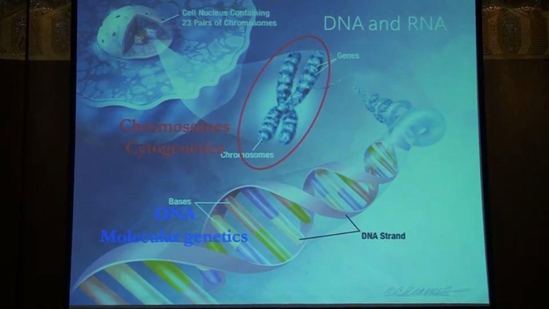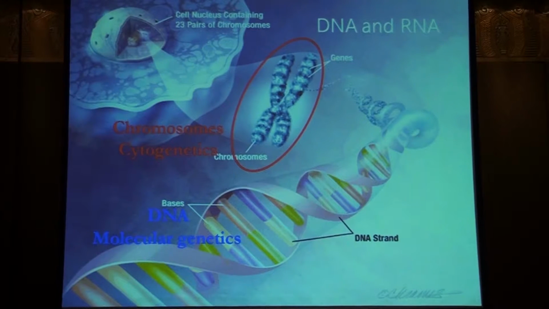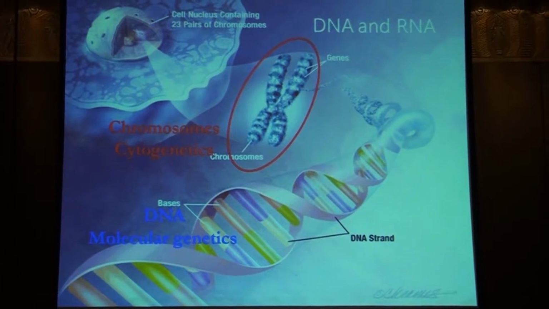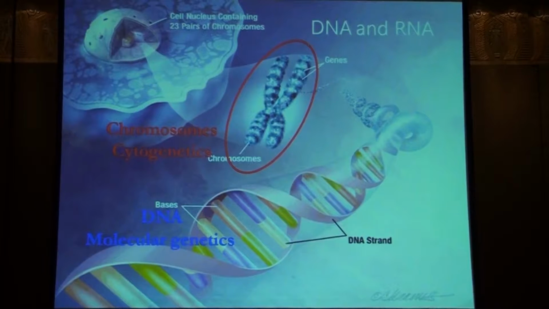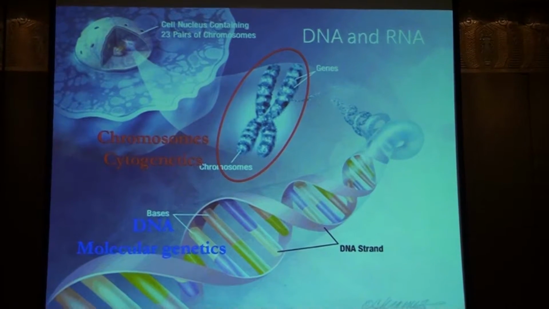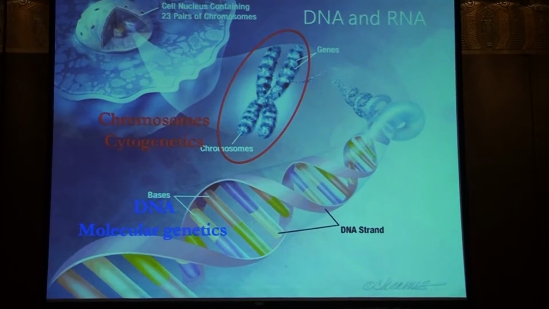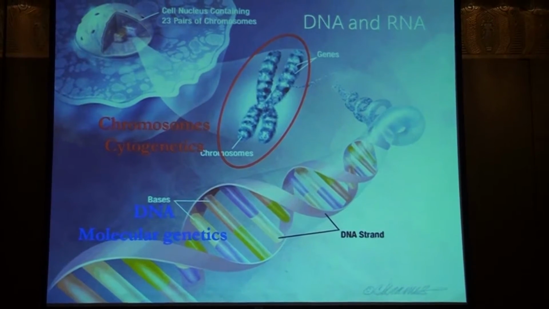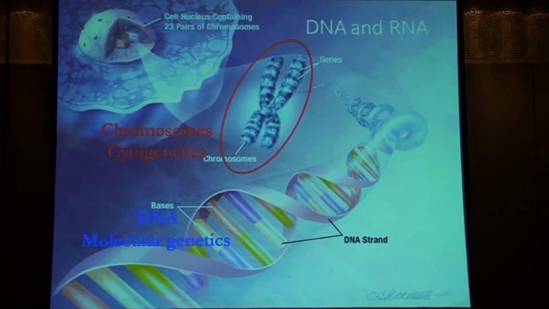As you all know, talking about medical genetics means that we take the clinical data and we move inside not only the cell, but inside the nucleus to verify the underlying genetic etiology.